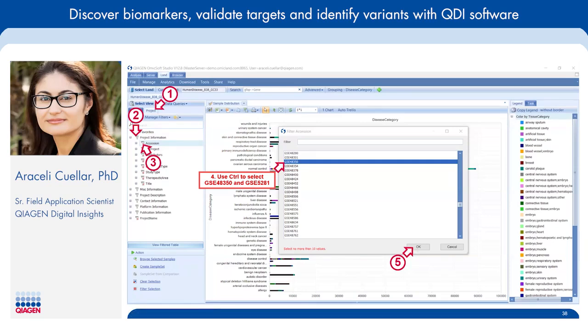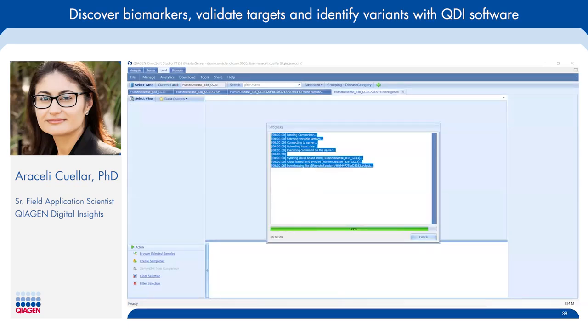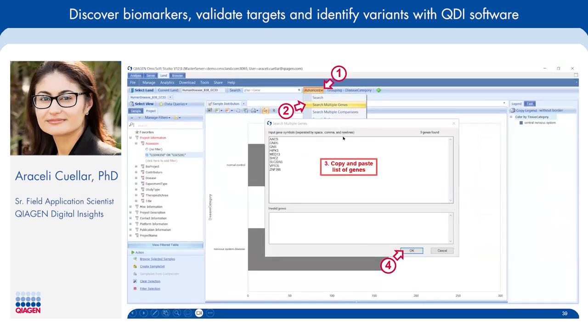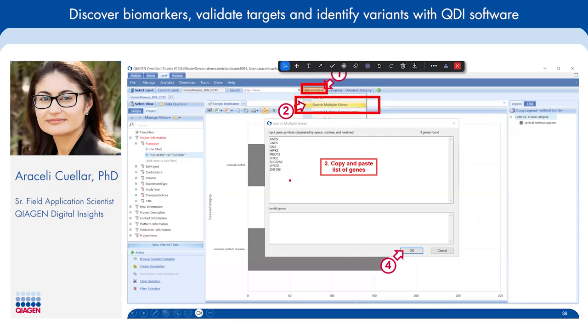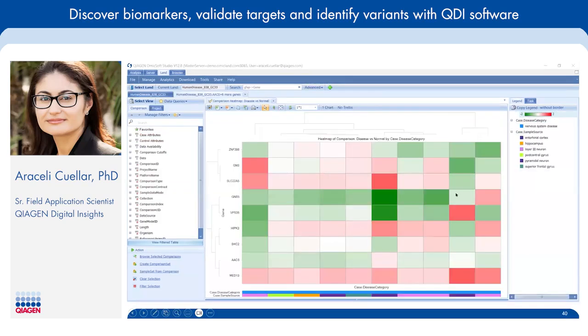That is going to generate a chart that's only going to be displaying the samples from that particular study. To search for your multiple genes, you then went into the advanced, search multiple genes, and then either copied or typed in those genes of interest and clicked OK. And what that's going to do is generate this heat map.